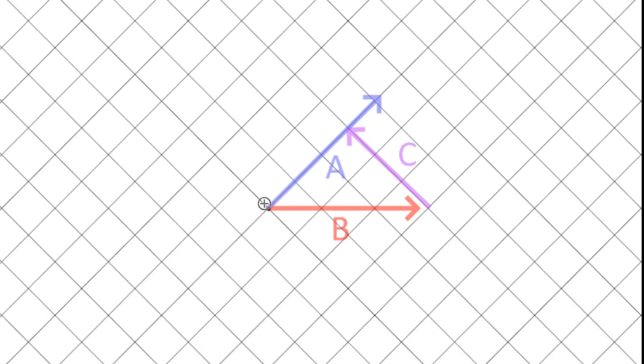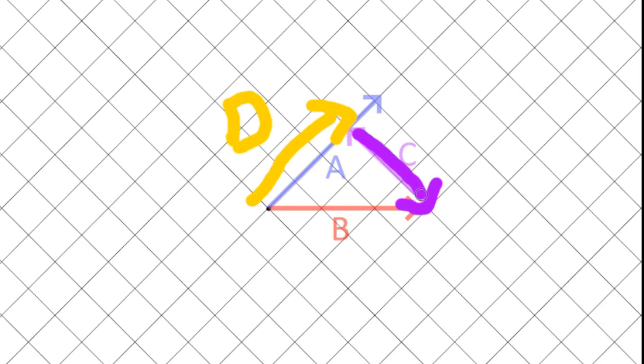Let's call this vector D. So B is equal to, we'll have to flip the directions, but B is equal to D and C, the components of D and C. Let me flip that right now. Right, D and C. There we go. So B is equal to D plus C, and that's just from basic vector addition.